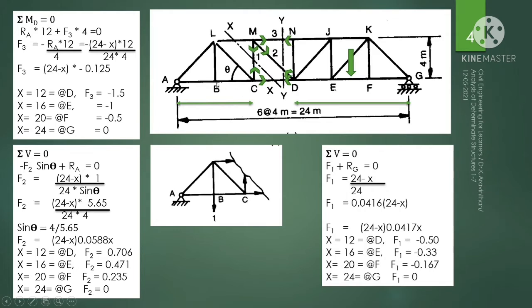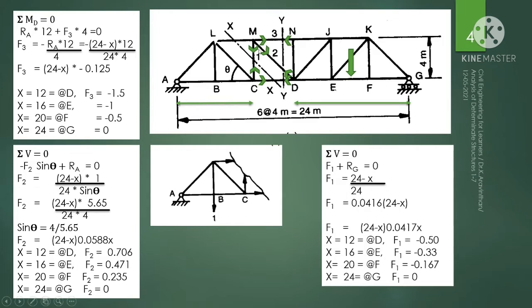Since it is an equilateral triangle, all the angles will be same. So we know the theta here, and if you find the value of theta here, the opposite side will be the same. So the theta will be same here, that is 4 by 5.65. Okay, now you know the theta.